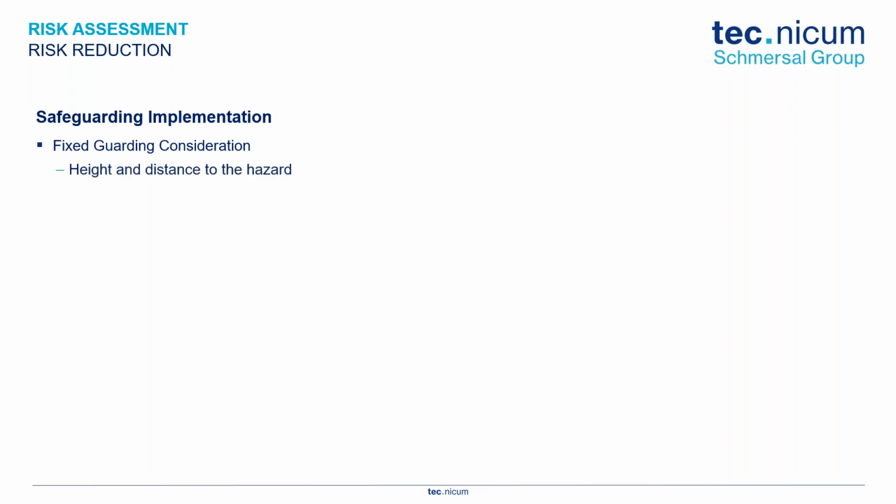But if we look at fixed guarding, there are certain things that we have to consider, such as the height and distance to the hazard. A lot of times what I see is that a hazard has been identified, and a solution has been implemented without the proper engineering design.